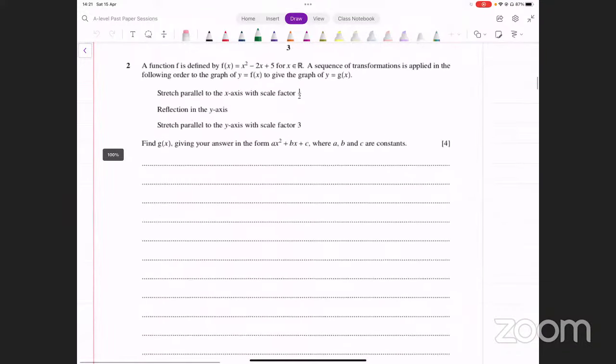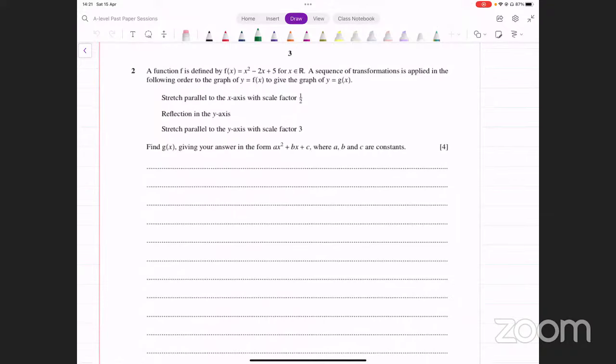We have this function f, which is defined by f of x equals x² - 2x + 5 for all real values of x. Okay, we have this function x² - 2x + 5.